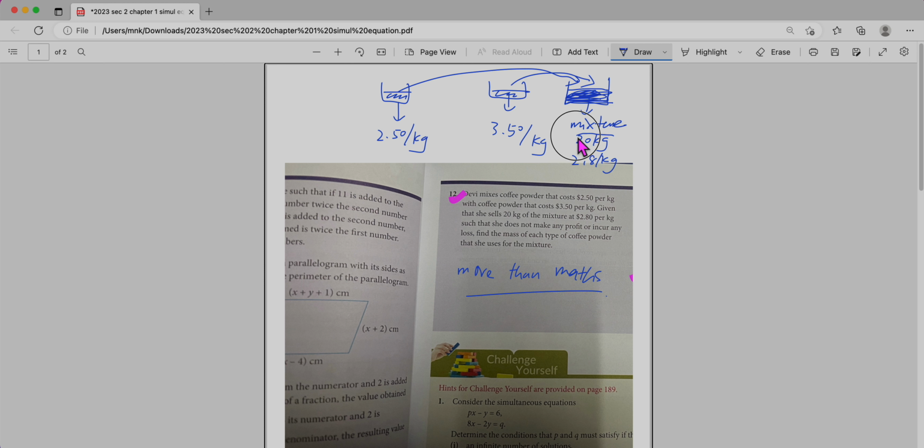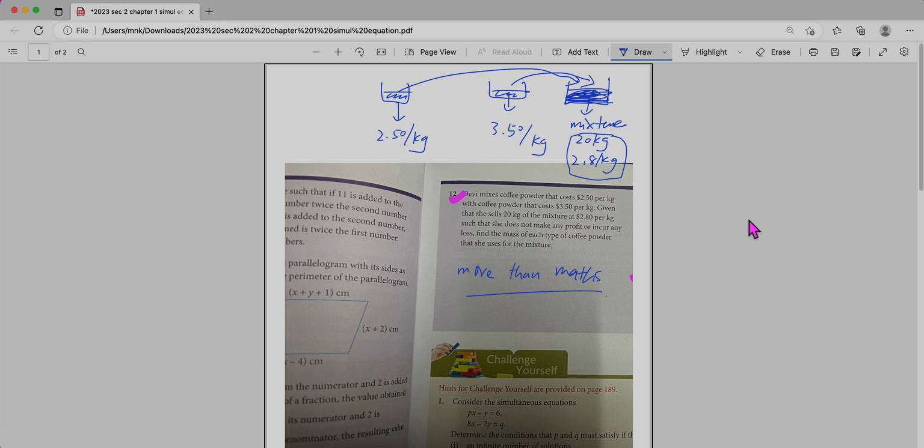So basically she is selling 20 kg at $2.80 per kg, with no profit or loss. What's the meaning of this? She gets back the cost.